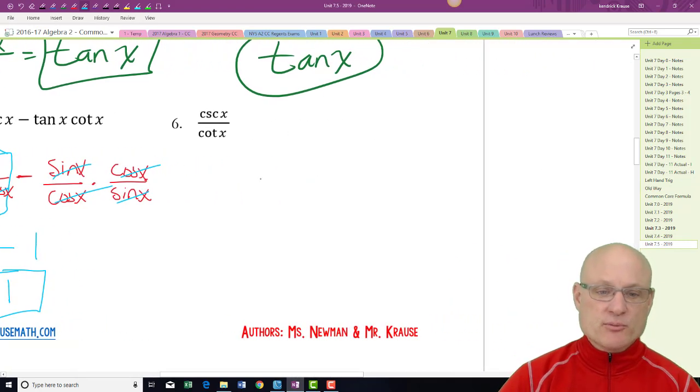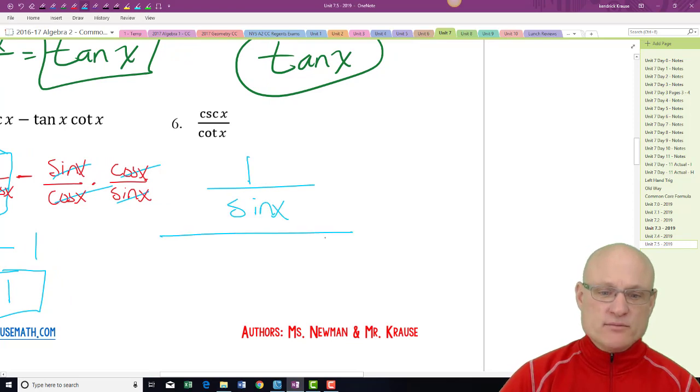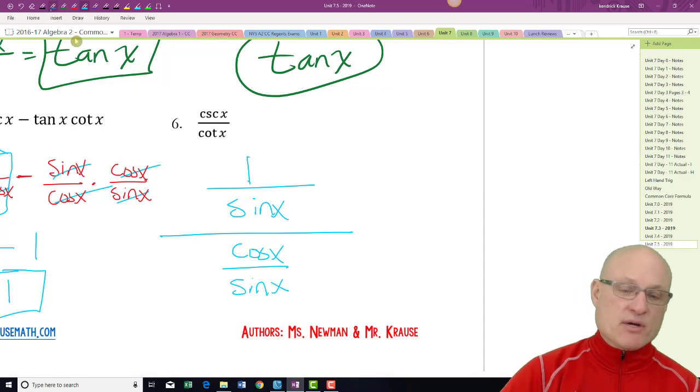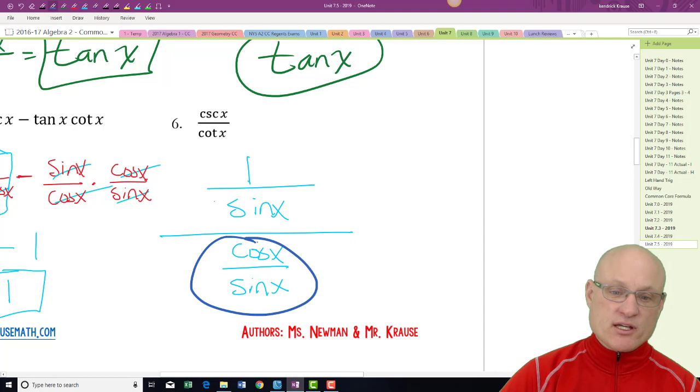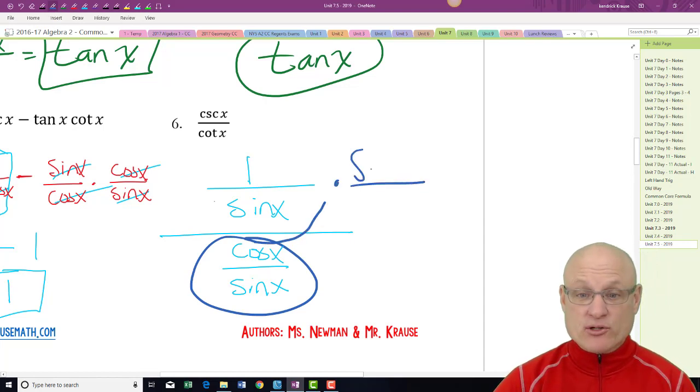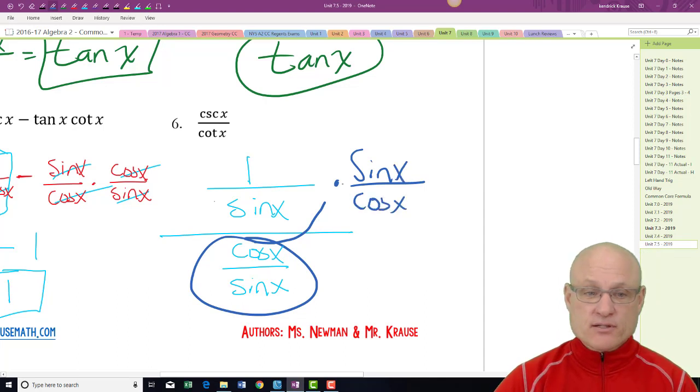All right, this one's going to be pretty simple. 1 over sine x divided by cosine x over sine x. But dividing by a fraction is the same as multiplying by the reciprocal, sine x over cosine x.